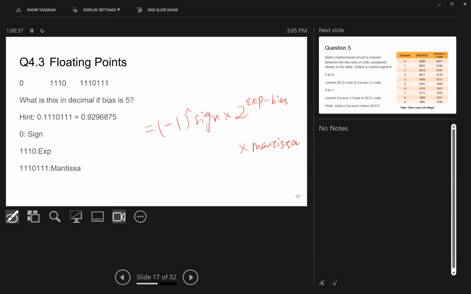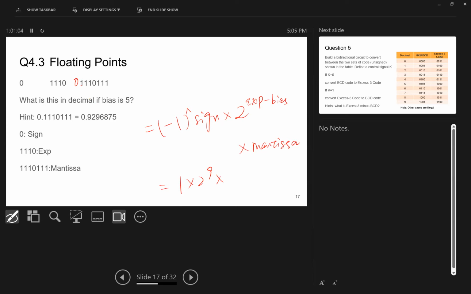And the sign here is just 0. So according to the representation here, the final result we get should be 1 times 2 to the 9 times mantissa.